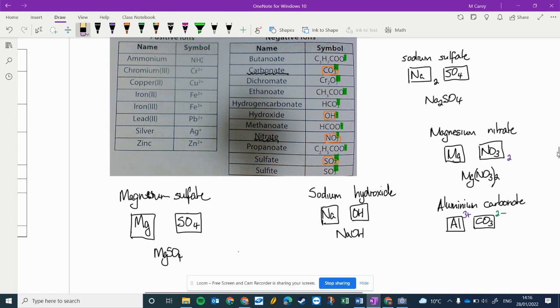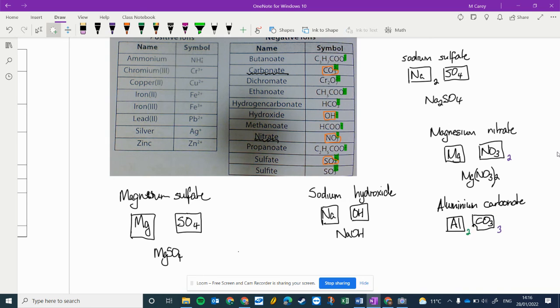And we're going to use the charge. Drop and swap each number. So that's 3, we're going to end up with 3 carbonate and 2 aluminium.